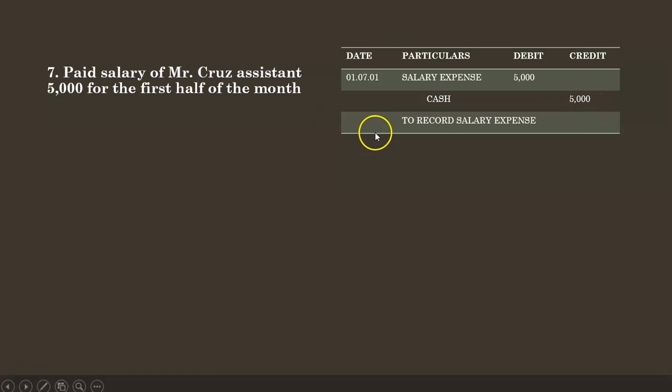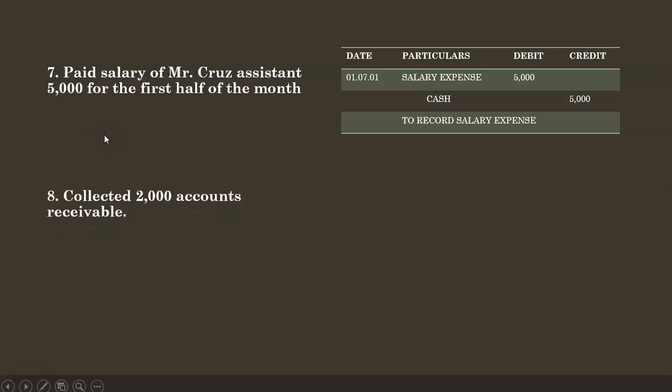Explanation again to record salary expense. Okay, why 5,000 cash? It's because we can see here the word pay. Diba? Hindi naman siya income. Kaya, cash, credit.